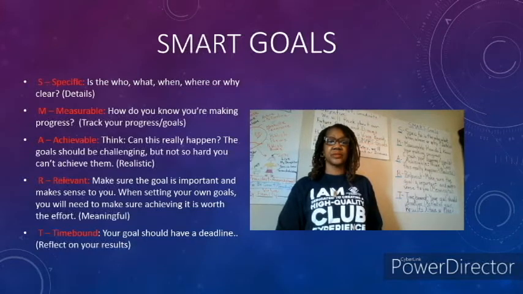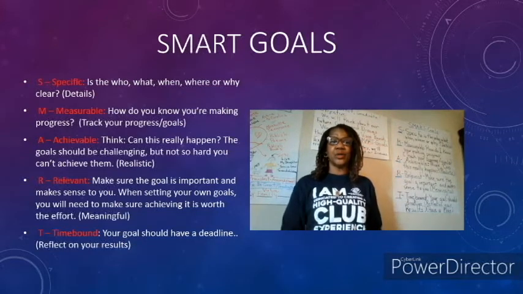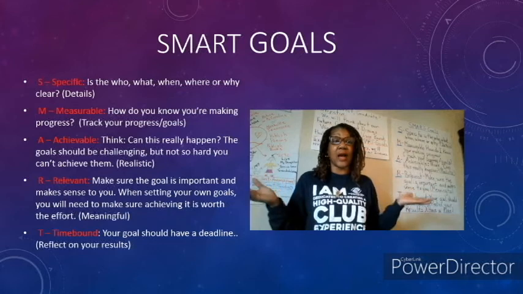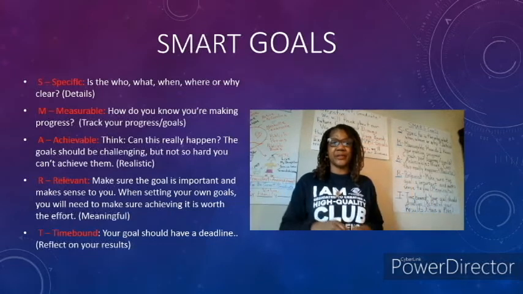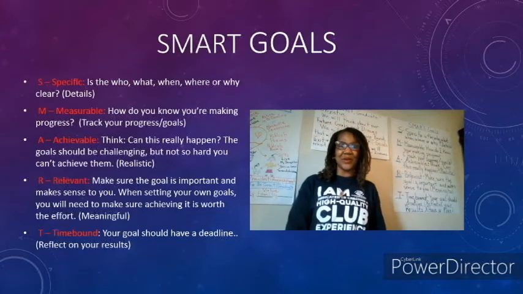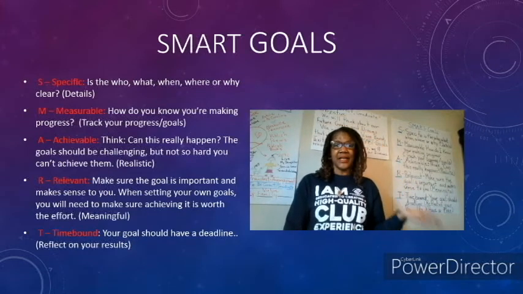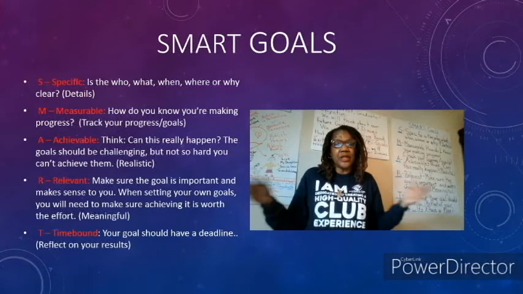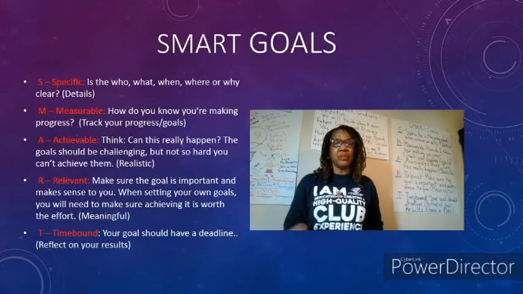SMART goals. Specific is the who, what, when, where, or why. Clear details. Measurable. How do you know you're making progress? Track your progress towards your goals. Achievable. Think. Can this really happen? The goal should be challenging, but not so hard you can't achieve them.